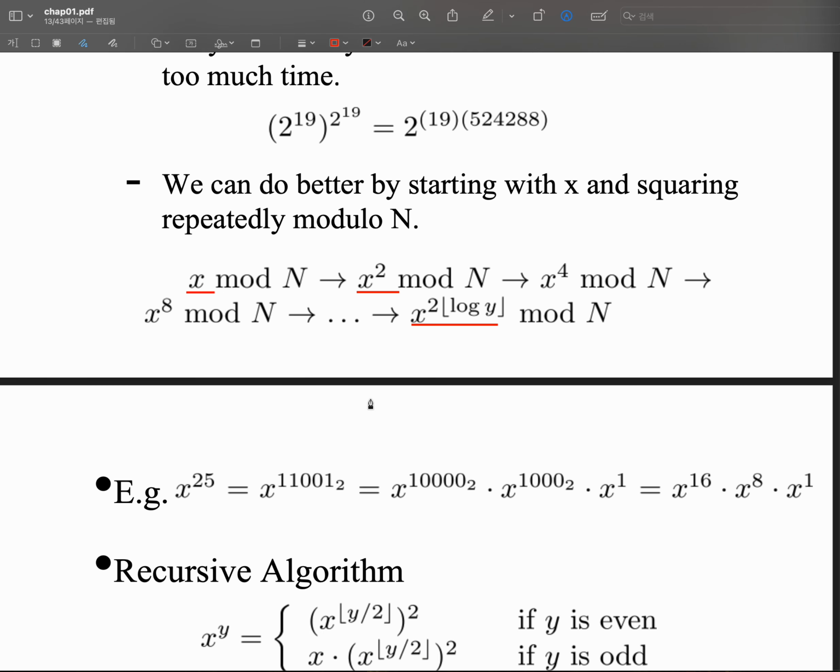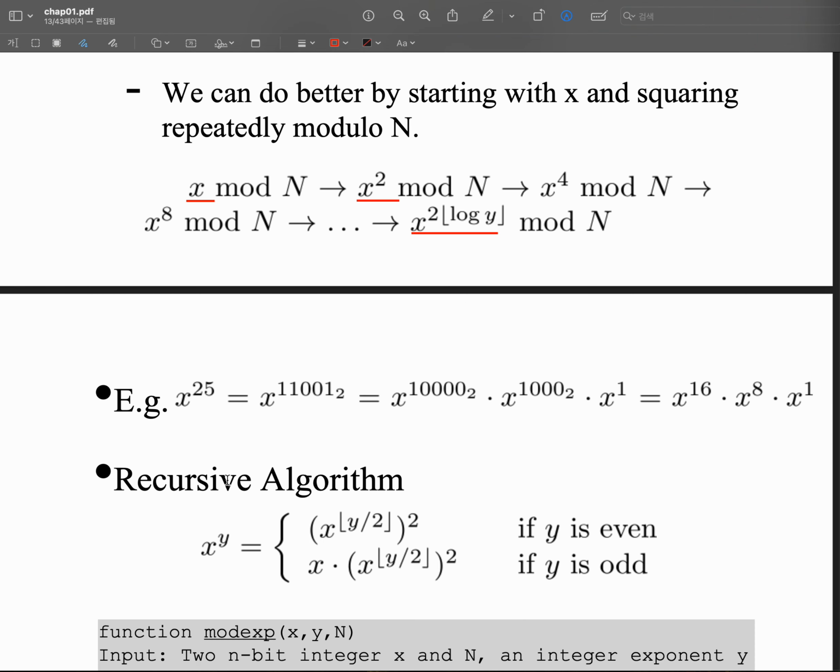If you think about x to the power of 35, then maybe you have to compute like this. In this case, you only need to calculate this modulo n. So just by squaring, and then taking the appropriate number here, we obtain x to the power of 25.